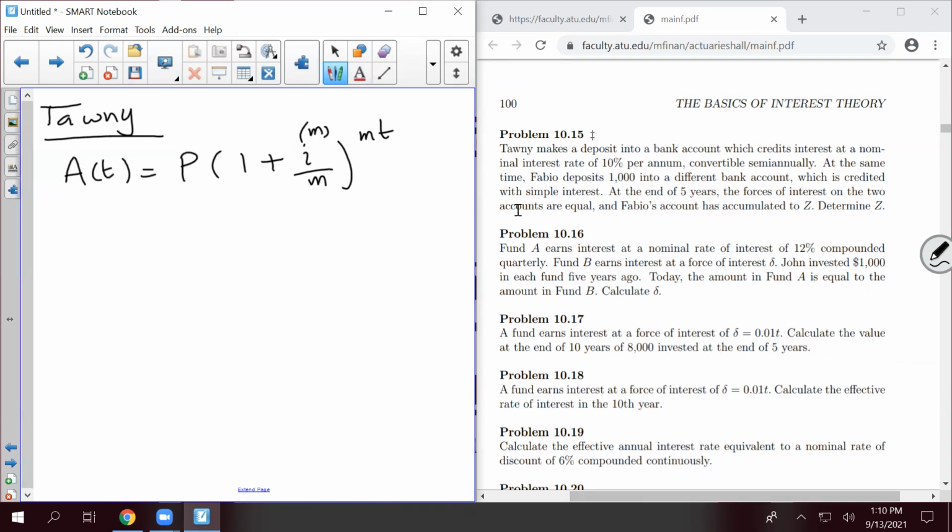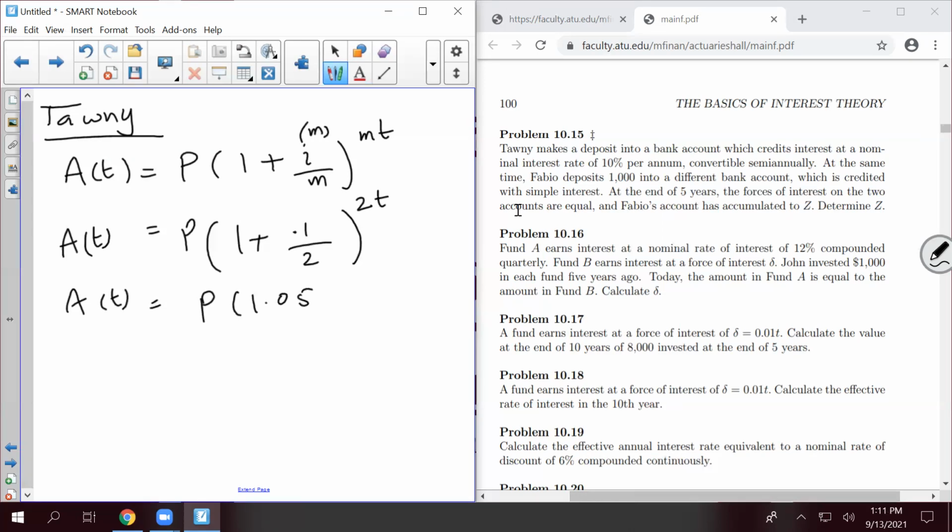In this case, i^(m) is 10%. And what is the m? 2, the semi-annual, so twice a year, so 2t. So 0.1 divided by 2 is 0.05, so P times 1.05 to the power 2t.